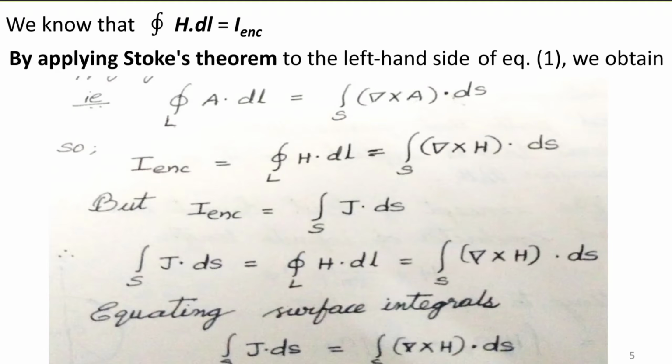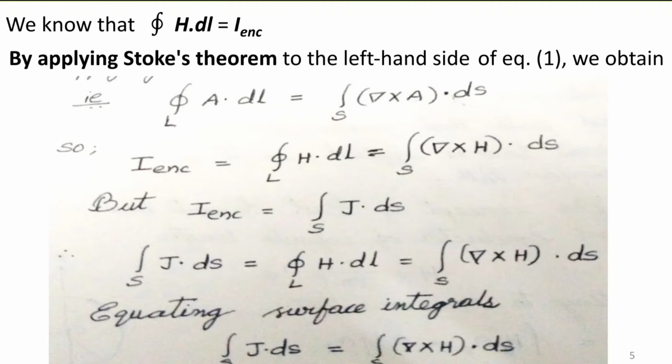But we also know that I enclosed, the current enclosed, is equal to the amount of current density circulating there. Therefore, that is integral over S of J dot ds, the next equation. Therefore, integral over S of J dot ds is equal to the above equation, closed integral over L of H dot dl, which is equal to integral over S of del cross H dot ds.